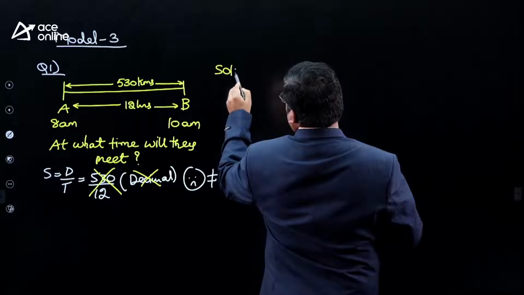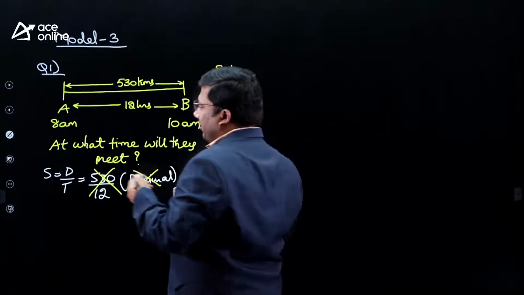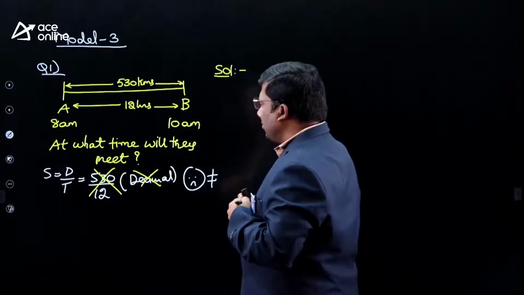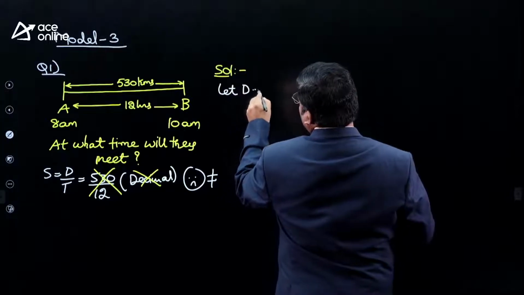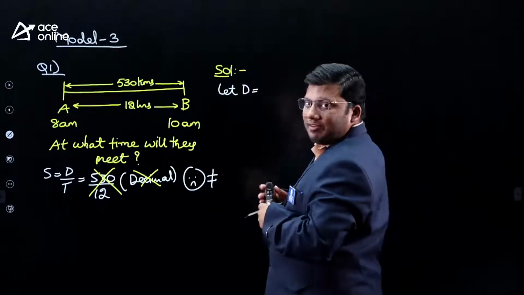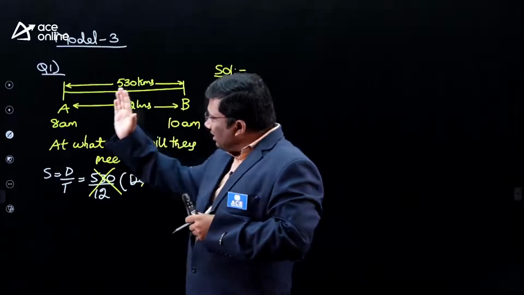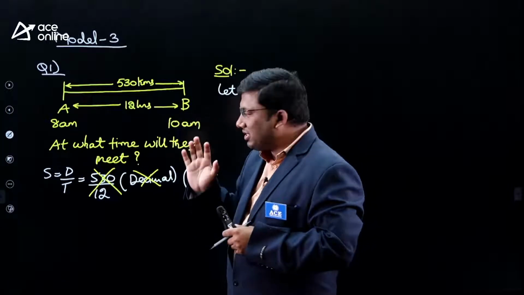Solution. Listen carefully. Now see here. Let the distance be 530 kilometers in 12 hours. Whether we take the distance from A to B or from B to A, it is the same, right?